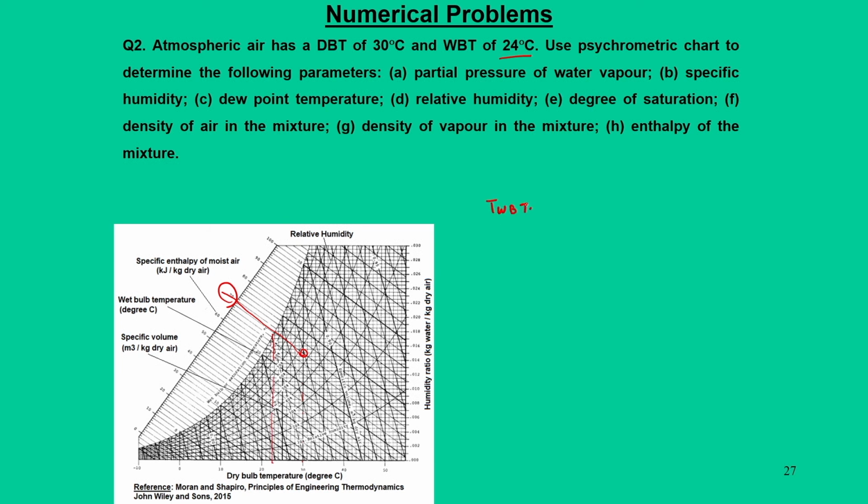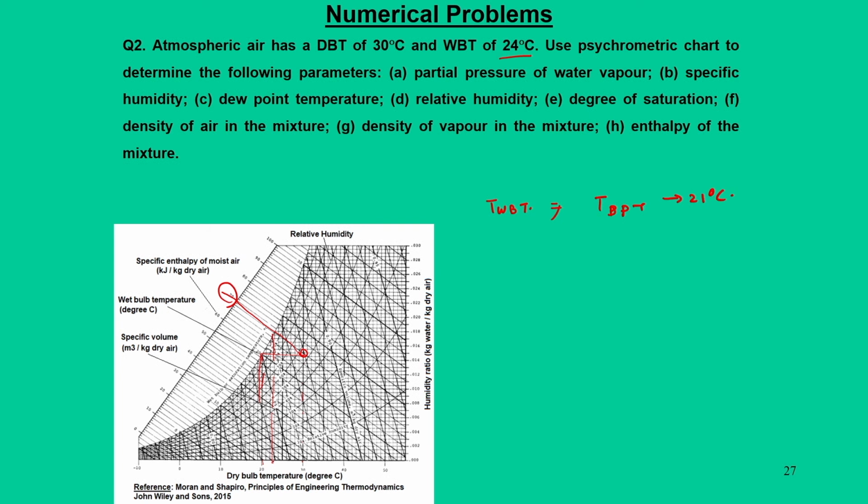And on this particular chart, T WBT, and on this line if you go further we can reach T DPT. This is about 21 degree centigrade.